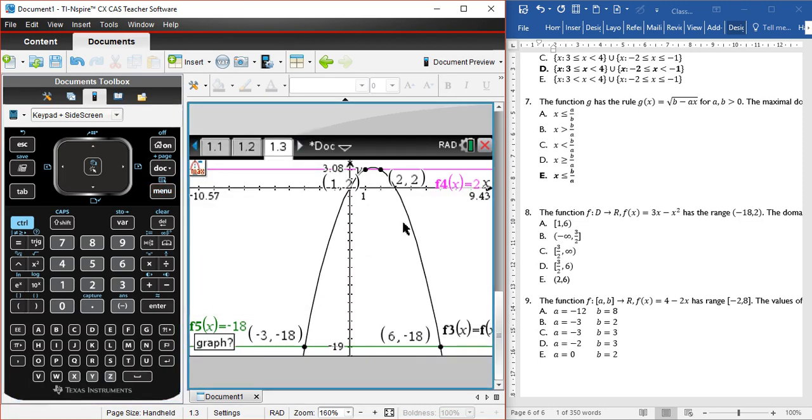Yeah. So the maximum value or the turning point occurs at 3/2. If you go from negative infinity to 3/2, again, your range is going to be bigger than 2, so you can't do that, which means B is wrong, and so is C, which is just the other half of the parabola.